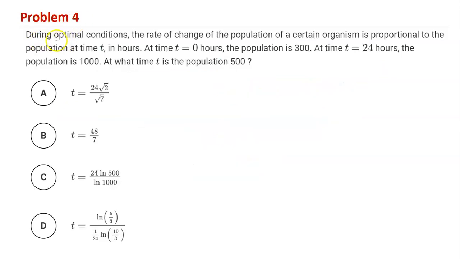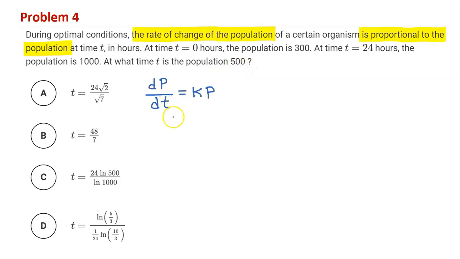Problem 4. During optimal conditions, the rate of change of the population of a certain organism is proportional to the population at time t in hours. At time t equals 0 hours, the population is 300. At time t equals 24 hours, the population is 1,000. At what time is the population 500?